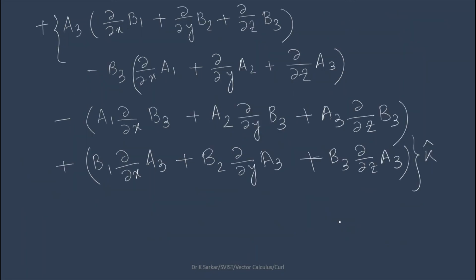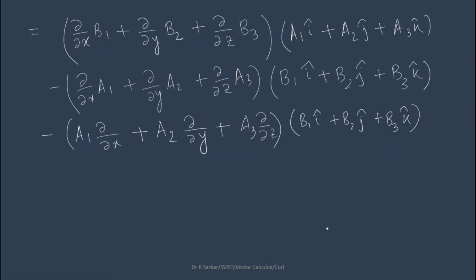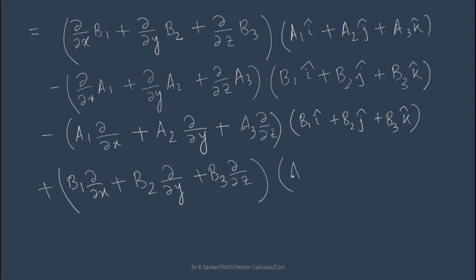Okay. So plus (B1 ∂x + B2 ∂y + B3 ∂z) and we'll have A1 i + A2 j + A3 k.